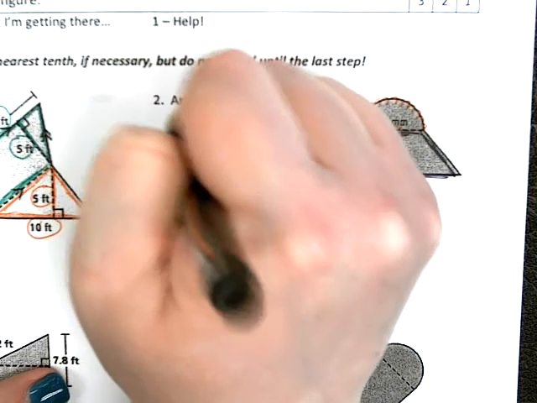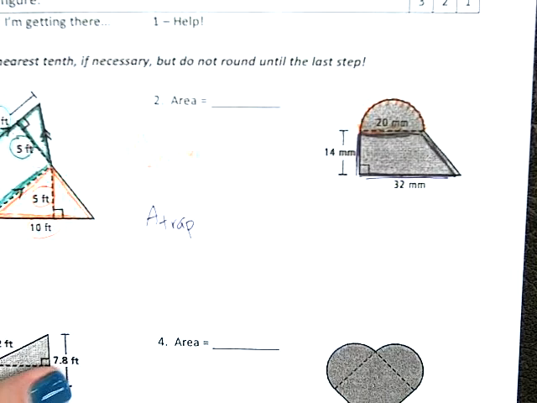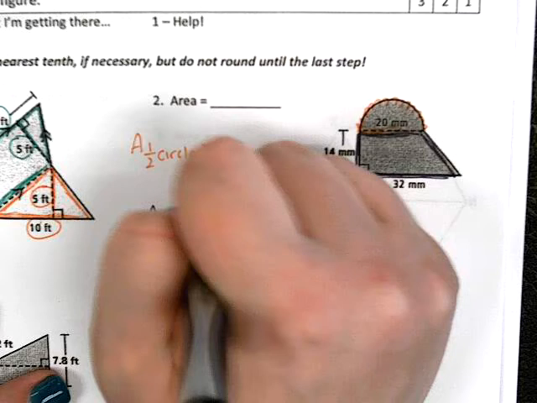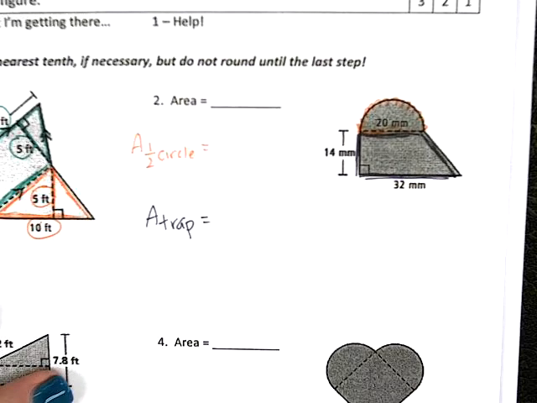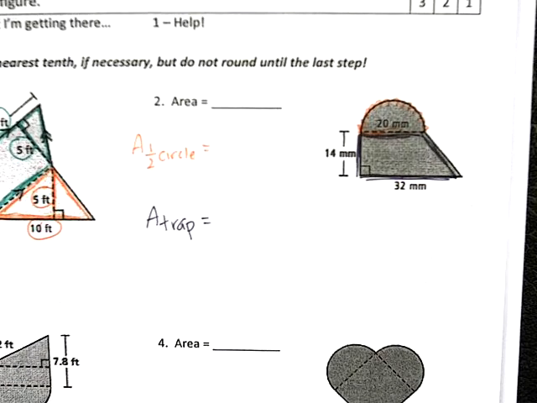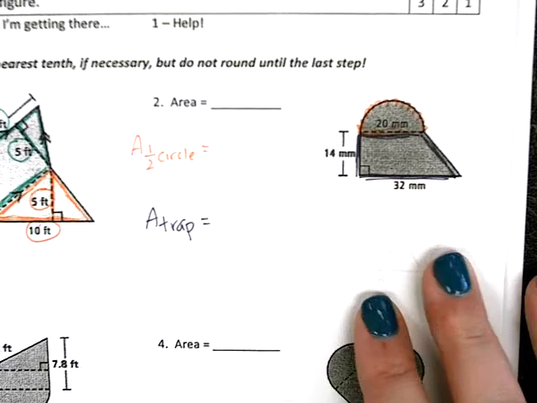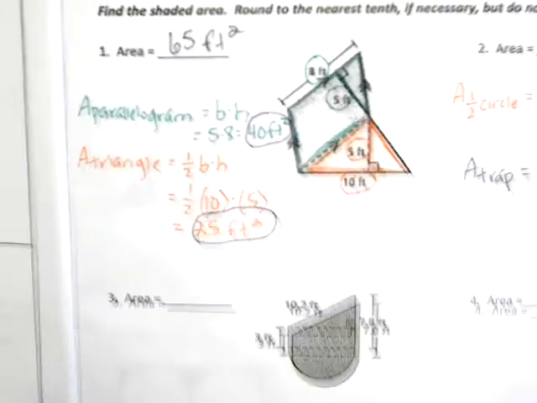So we would find those two areas and then add them together. I am actually not going to do that one to save us some time because I don't want your video to be super long. But have at least that written down and we'll do that together first thing on Wednesday. Okay?